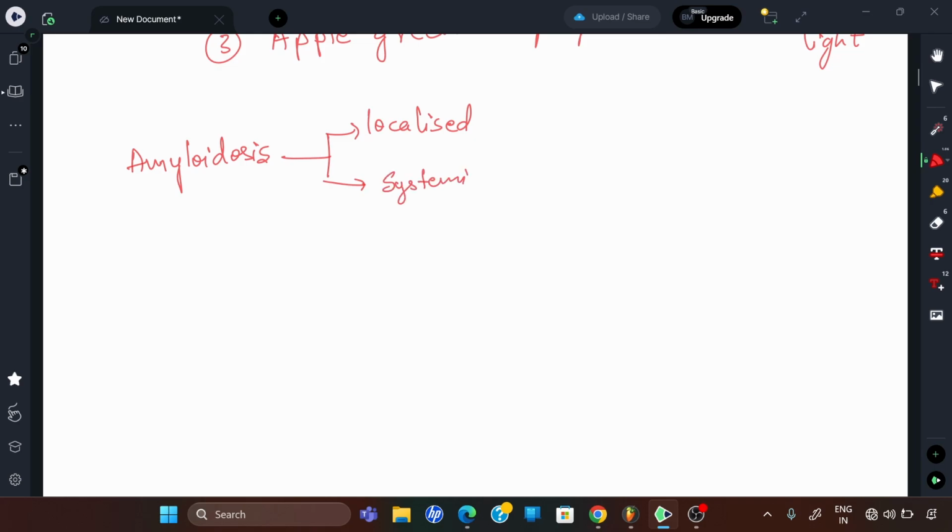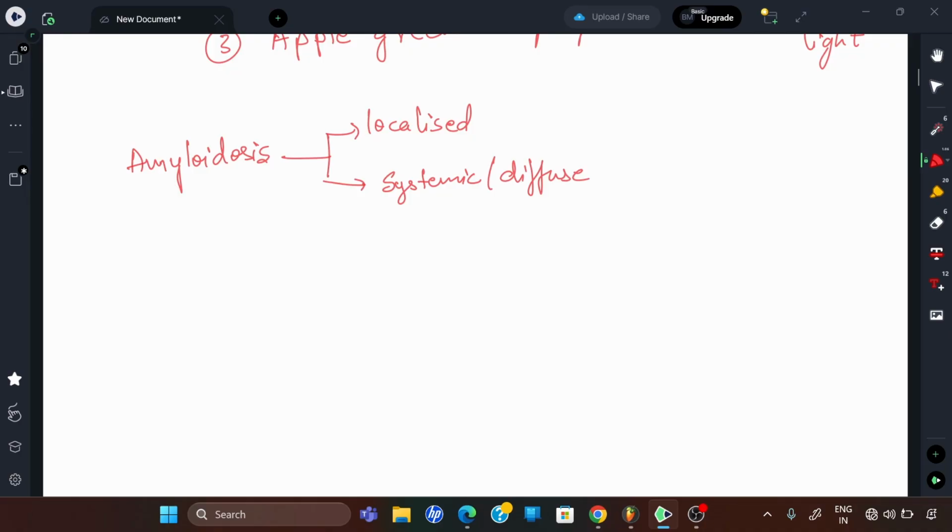Or you can say diffuse. So localized amyloidosis is when the deposition is restricted to a single organ or tissue, whereas in case of systemic amyloidosis or diffuse amyloidosis, we see that the deposition is across different organ systems or multiple organs basically, and it is not localized to a single organ.